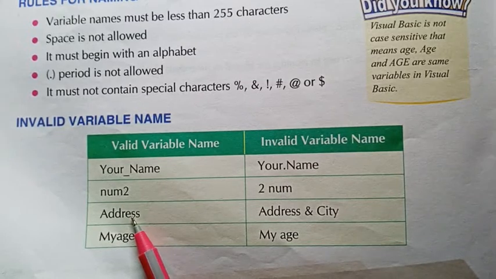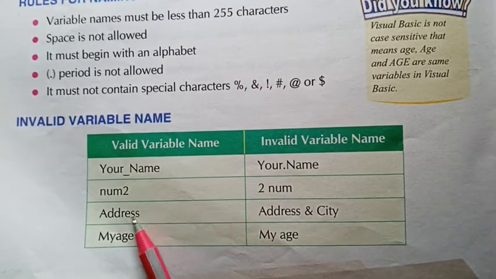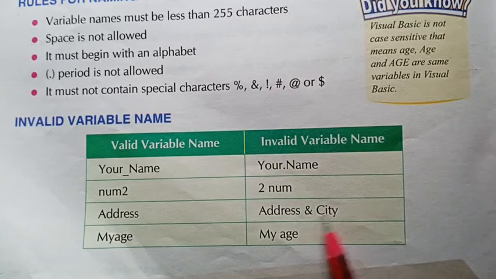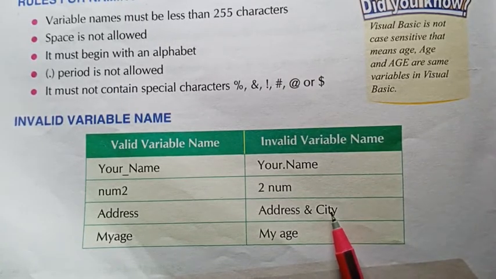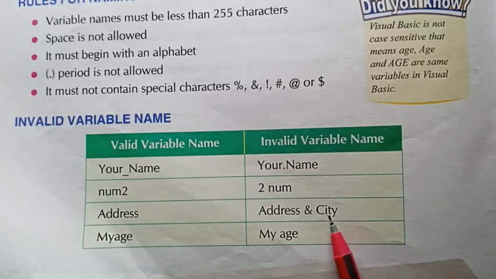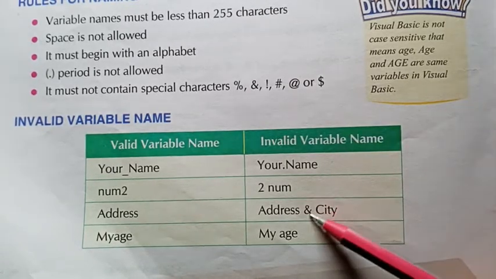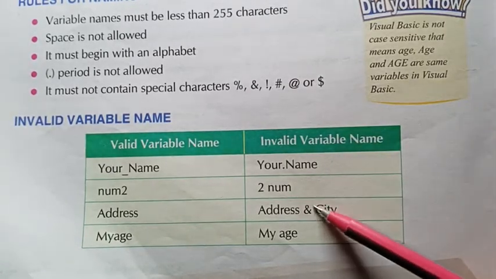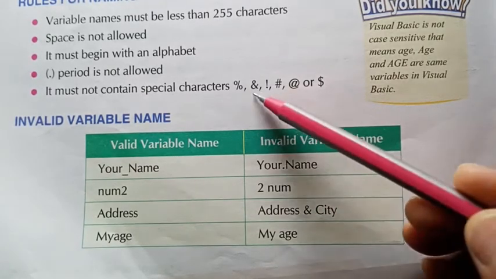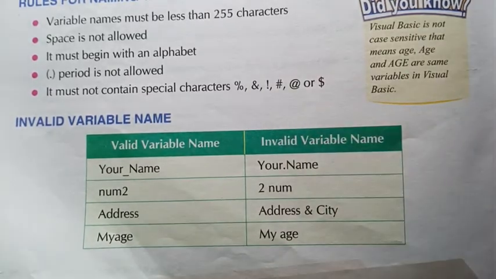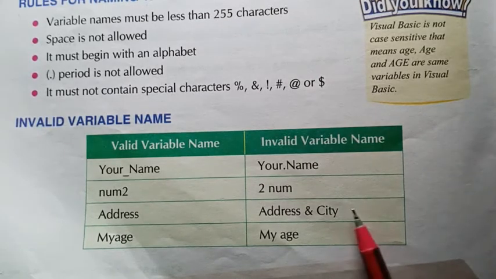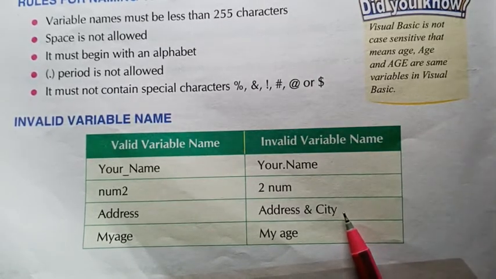That's a valid variable name. But if I make it address&city, this is an invalid variable name, because we have made use of the ampersand, which is a special character, and special characters are not allowed.